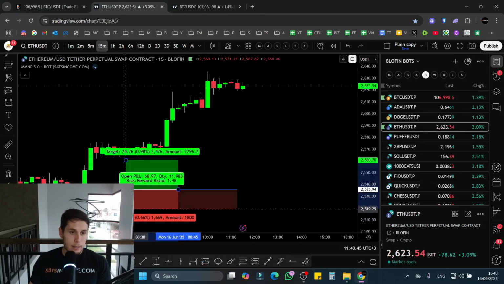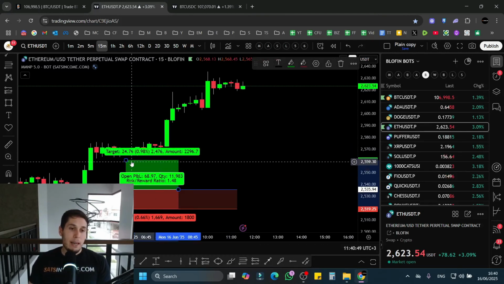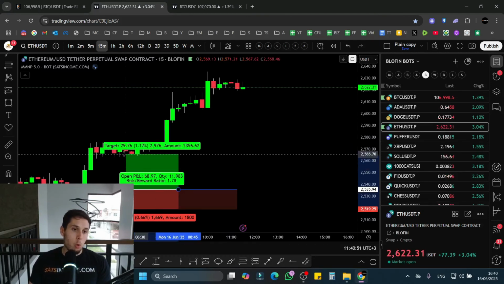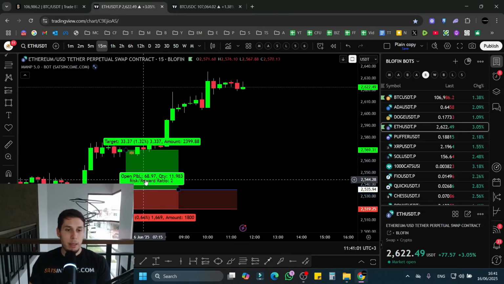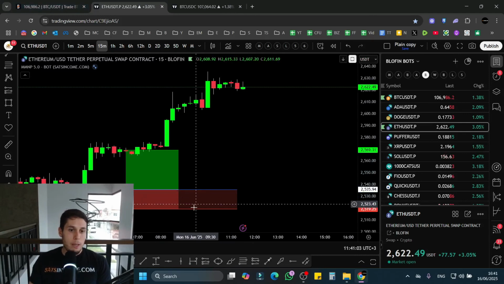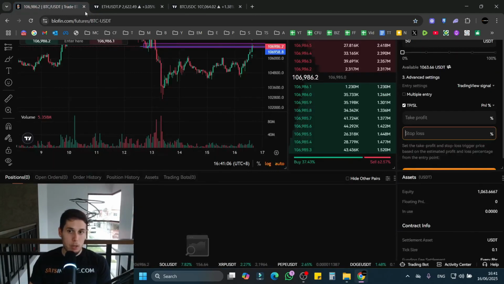So what people do, and this is a bit of a mistake, they use predetermined take profit targets like 1-to-1 or 2-to-1 or something like this. Let's use 2-to-1 in this example. So this is a 2-to-1 reward to risk. If I use predetermined take profit targets, right? So this bot at the moment is set up with 0.65 stop loss.